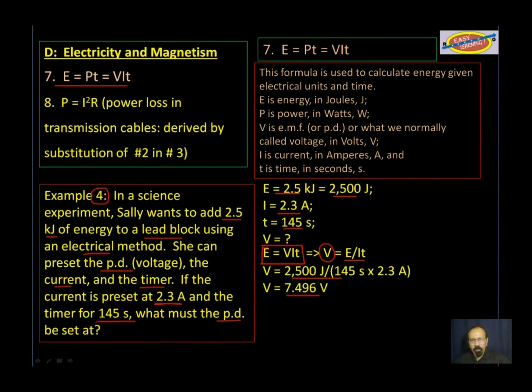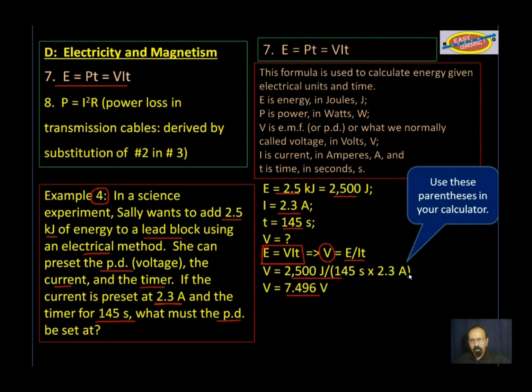Now be very careful when you are using your calculator here. Notice the use of this parenthesis here. Your calculator should have those brackets. So it's 2,500 divided by open bracket 145 multiplied by 2.3 close bracket. If you don't use the brackets, this actually becomes 2,500 divided by 145 divided by 2.3.